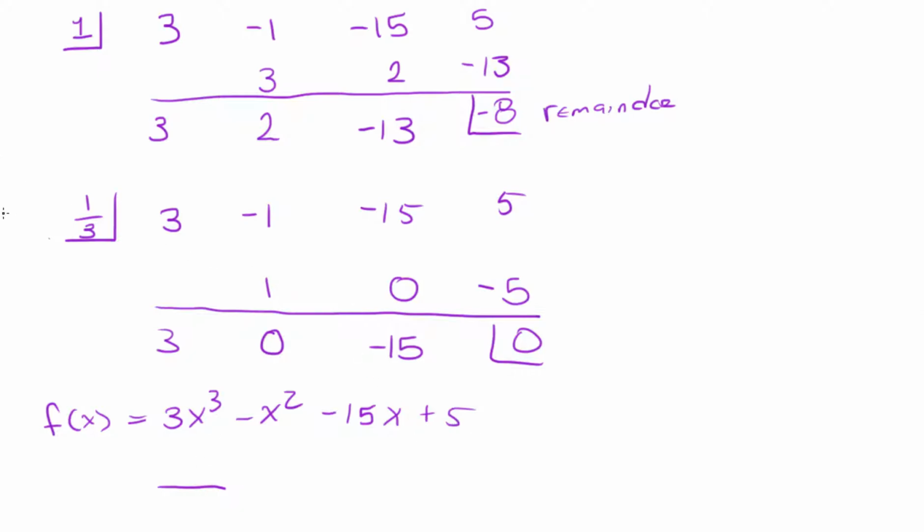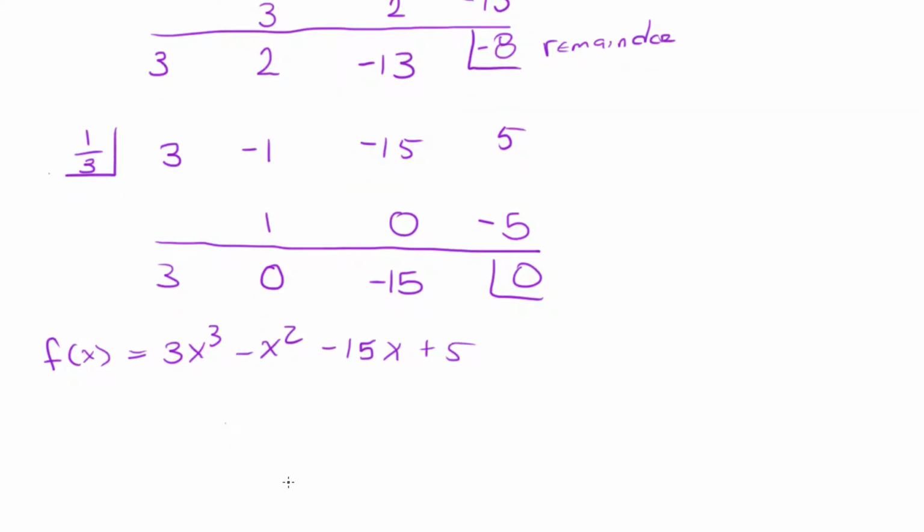Now this is going to be equal to, well, x minus the 0 that we just found, which was 1/3, times the new polynomial that we've just found, which is 3x squared plus 0x minus 15.